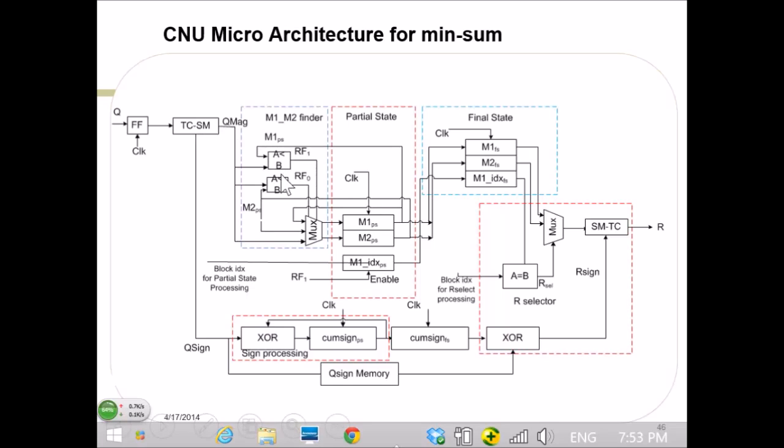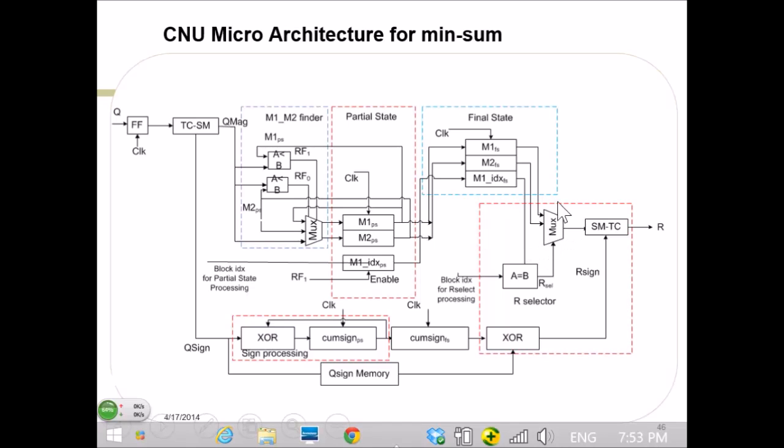Now if an incoming value is less than this, you put that value in min one. If the next value is less than min one again, you put it in min one, but the one you just replaced goes into min two. So essentially you're taking 36 numbers, looking at one number at a time, computing your partial min one and min two, and at the end of the 36 cycles you have the final min one and min two.